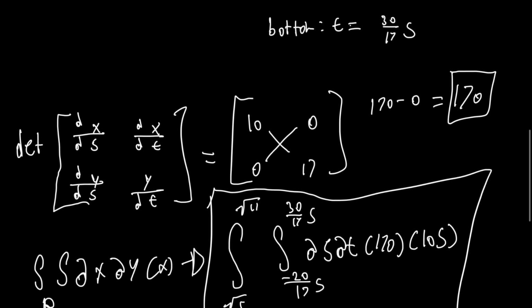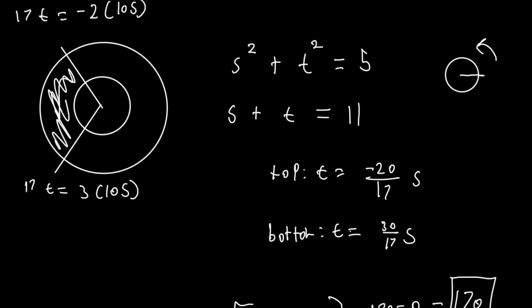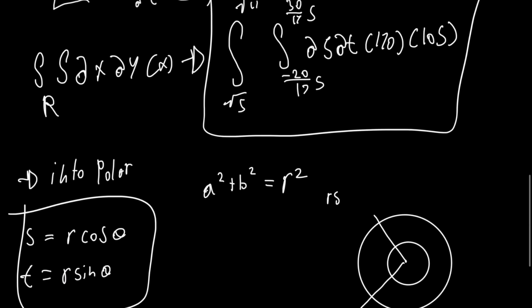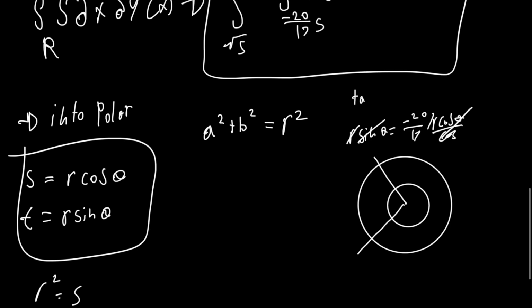Now if you recall, I had it as t. My top is t equals negative 20 over 17s. So let's do that. My t is r sine theta equals negative 20 over 17 r cos theta. My r's will cross out when I divide, and when I divide by cosine, that will become tan. So this is tan theta equals negative 20 over 17. I think I should erase this now.